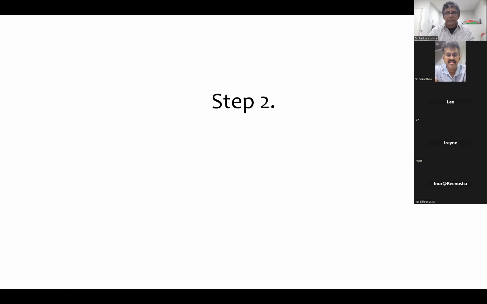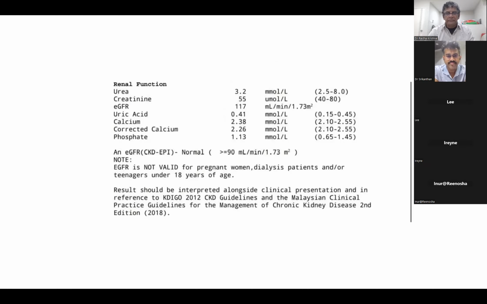Step 2. Fellow friends, I'm going to show you a normal renal function test that we do in our day-to-day practice. I'm not sure whether other labs use this, but I'm picking up Gribbles here.